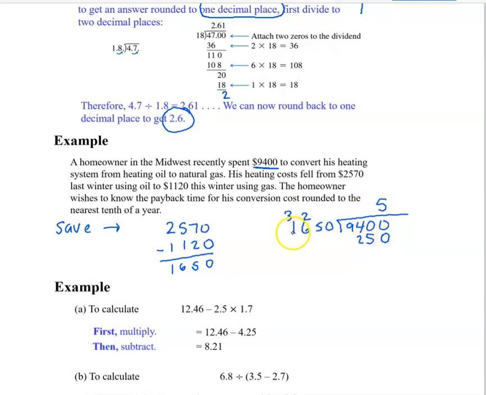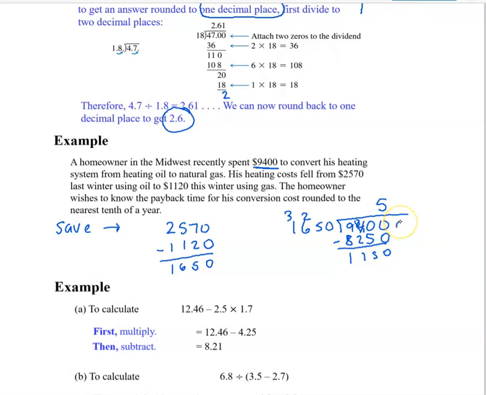And then 5 times 1 is 5, plus 3 is 8. And if we went over, we would know we needed to go down here. So when we subtract, we're going to get 1,150. Okay, so that won't go.